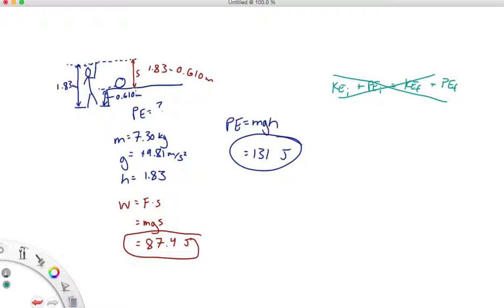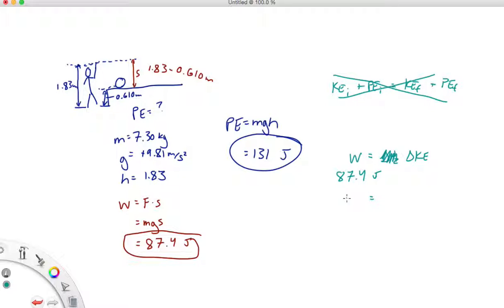Going up and down, it'll get you to 0 net work. So the joules, it'll be 87.4. That's our work over this displacement. And our work is going to equal the change in our kinetic energy. I'm making this a little bit messy here, so let me just rewrite this.